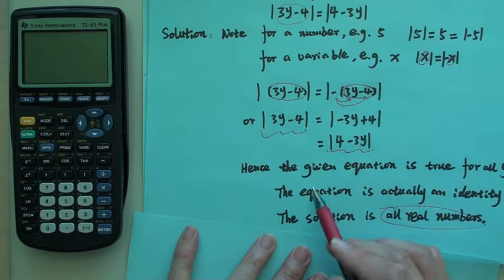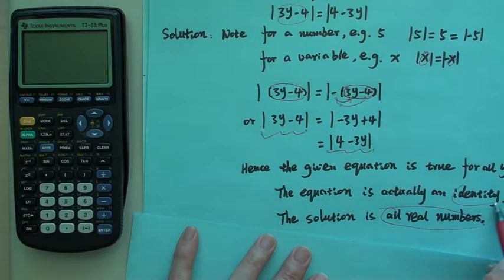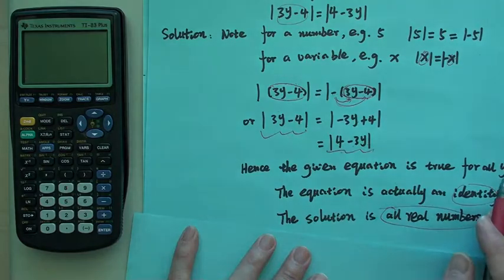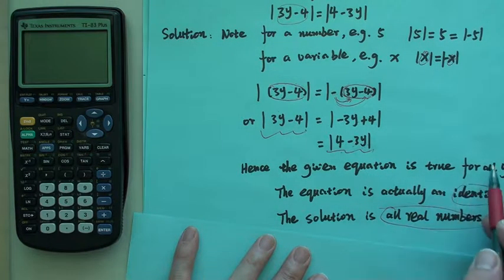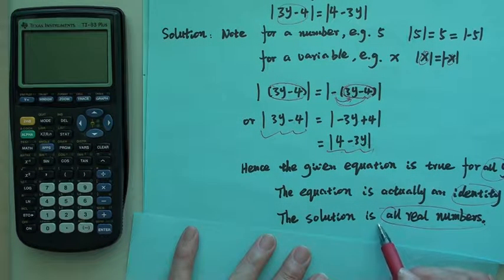So this given equation is actually an identity. The given equation is true for all y. So then the solution is all real numbers.